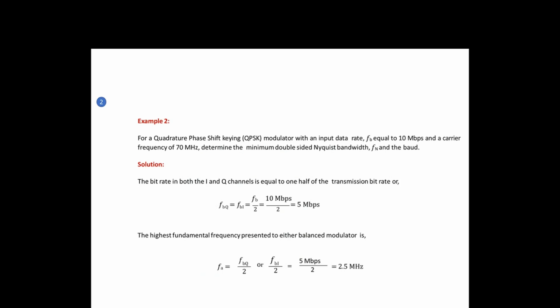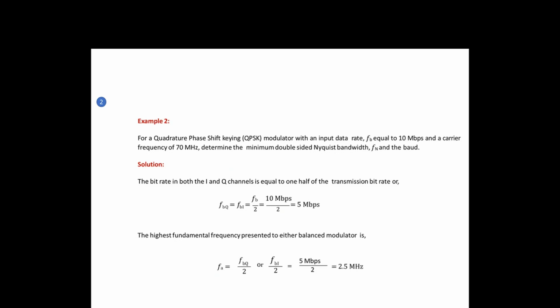We are seeing the next example. For a quadrature phase shift keying modulator with an input data rate FB equal to 10 Mbps and a carrier frequency of 70 megahertz, determine the minimum double-sided Nyquist bandwidth Fn and the baud rate.